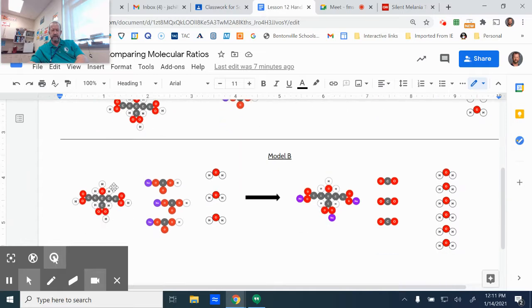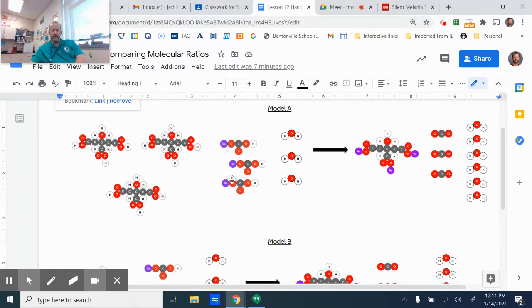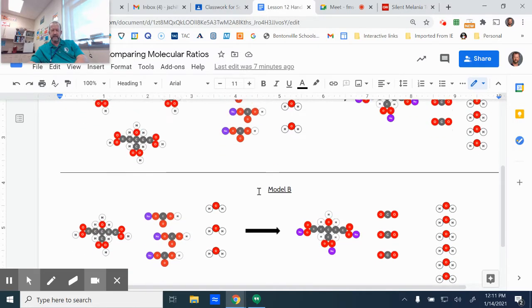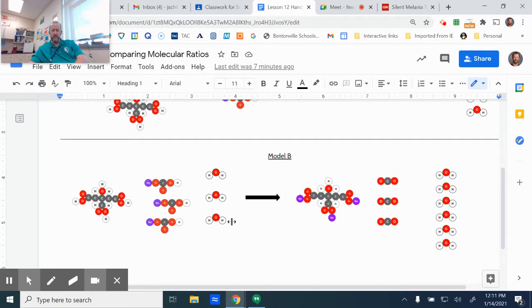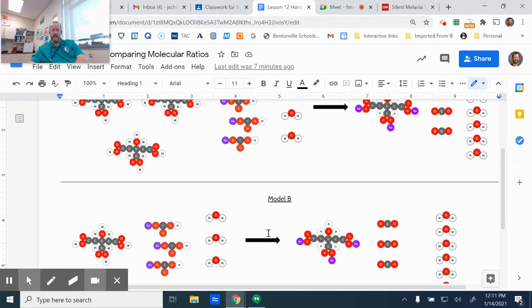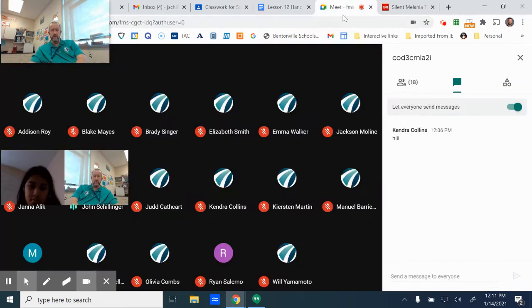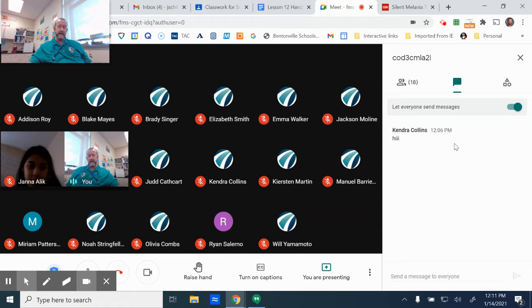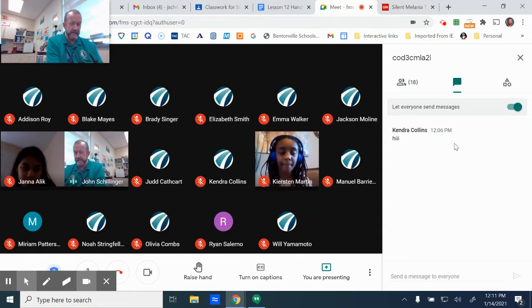There's 3 up here and there's 1 here. They both have 3 baking sodas and they both have 3 waters. Is it model A or model B that would create the correct output? So look at those and tell me which one you think is most correct. Just type your answer into the Google chat. Don't say it out loud.